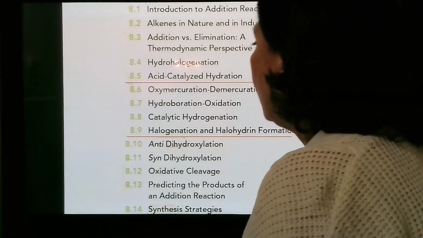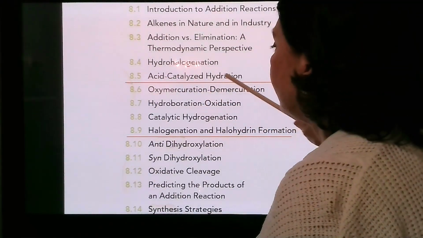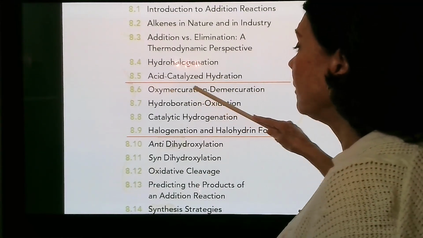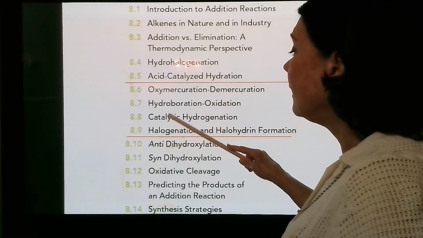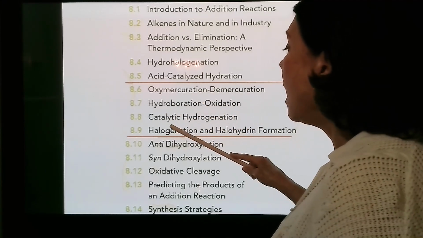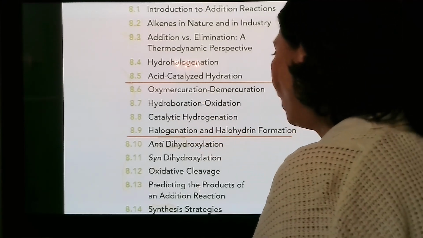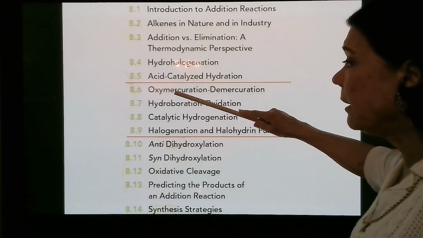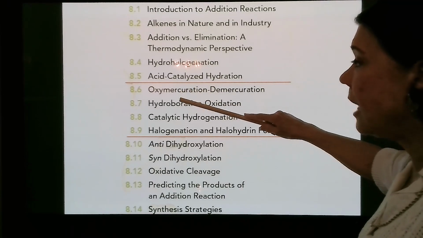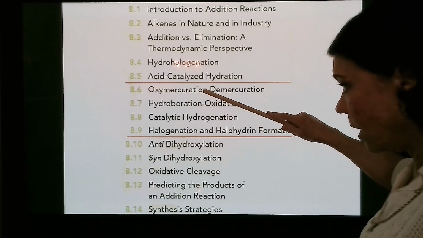Okay, so we just finished the acid-catalyzed hydration. Now we're going on to oxymercuration, demercuration, hydroboration, oxidation, catalytic hydrogenation, halogenation, and halohydrin formation. So you're going to see some similarities between oxymercuration and hydroboration.